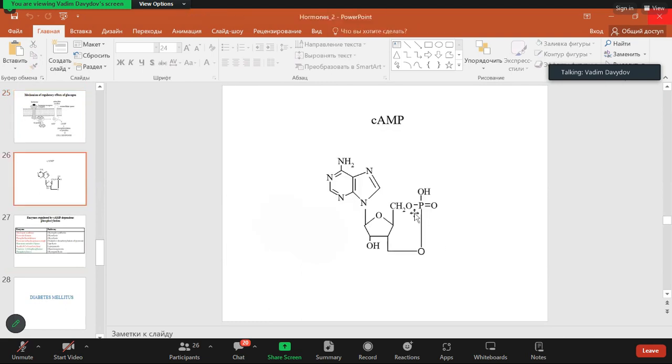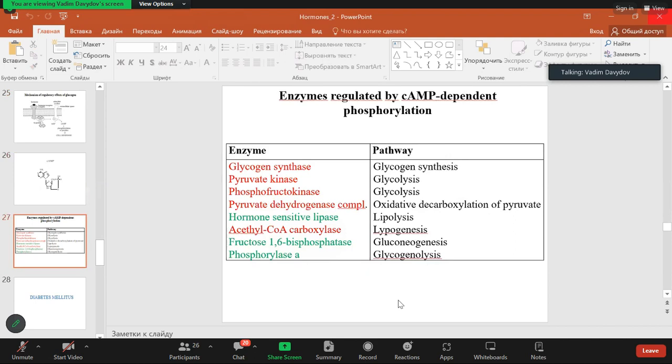So this is the cyclic AMP structure. We said about that. In other words, protein kinase A after activation phosphorylates its different substrates. Phosphorylation of different proteins in the cytoplasm of the cell is coupled with binding a residue of orthophosphoric acid to residues of serine and threonine in the polypeptide chain, so that the appropriate protein becomes phosphorylated.